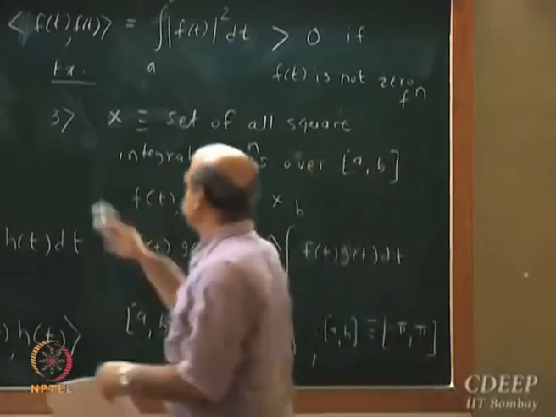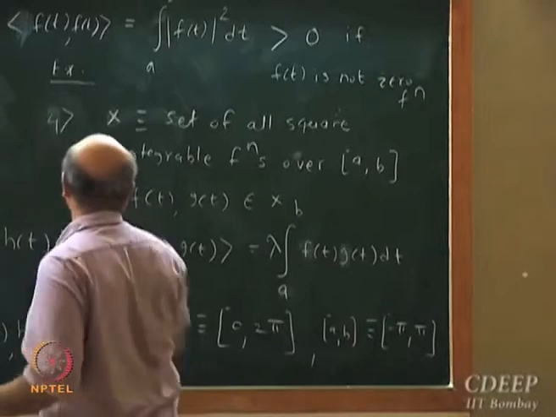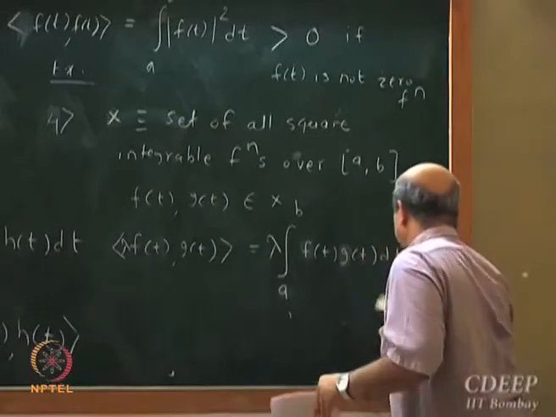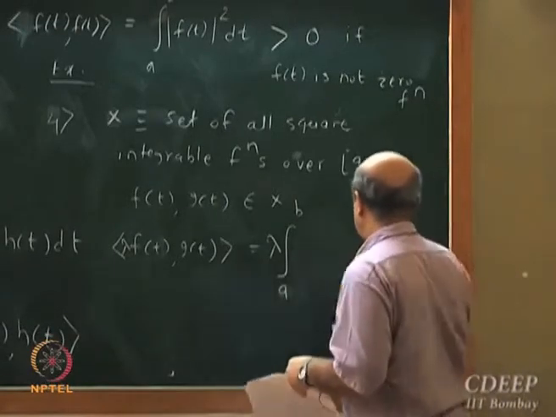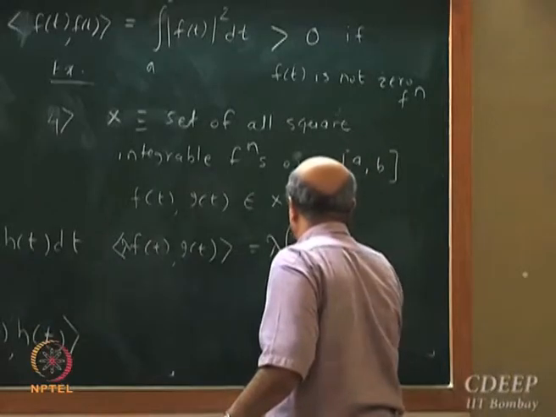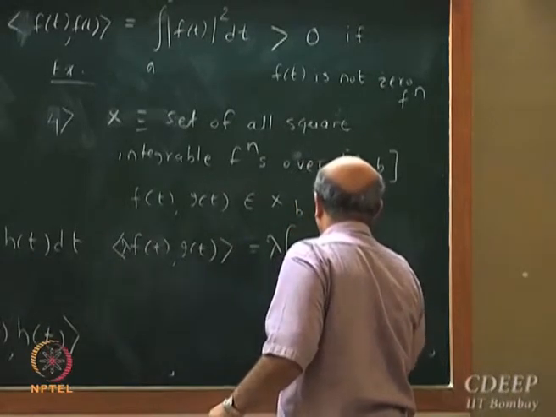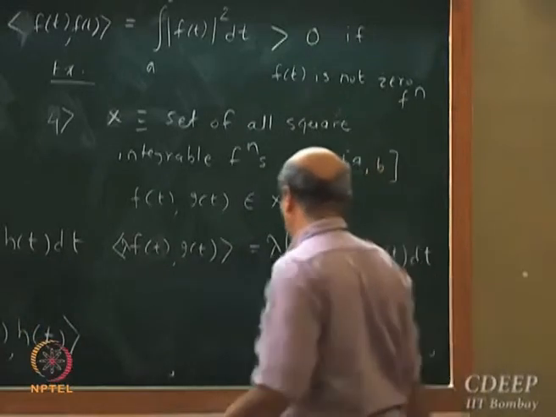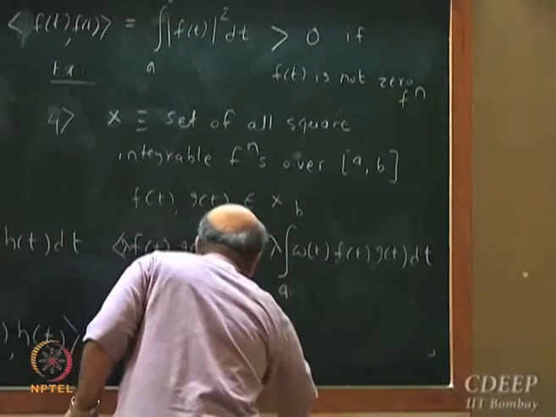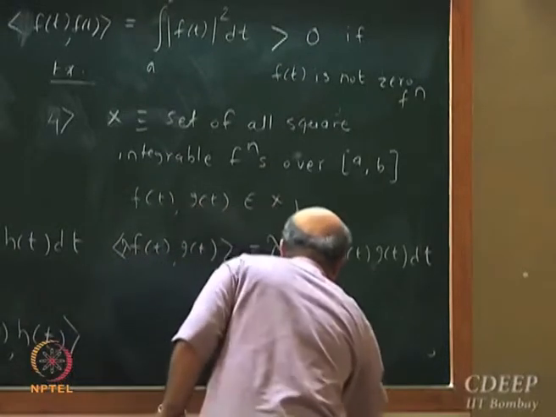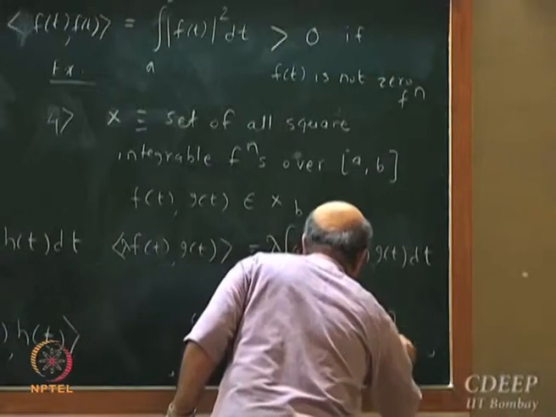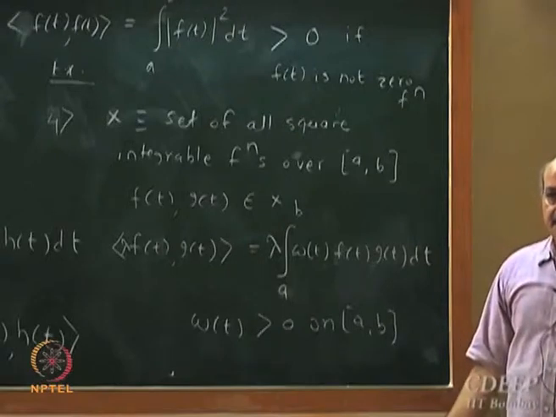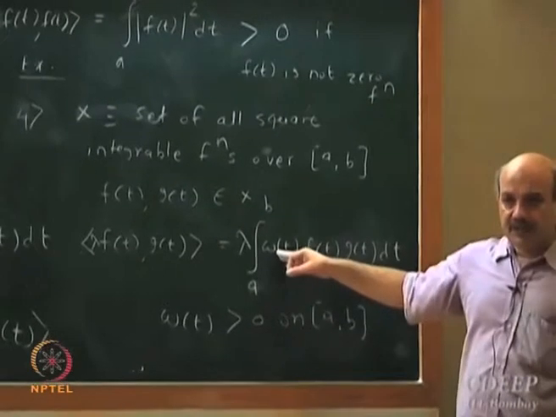So my fourth example would be: I'll take a weighting function w(t), the integral of w(t) f(t) g(t) dt. w(t) is strictly greater than 0, a positive function.